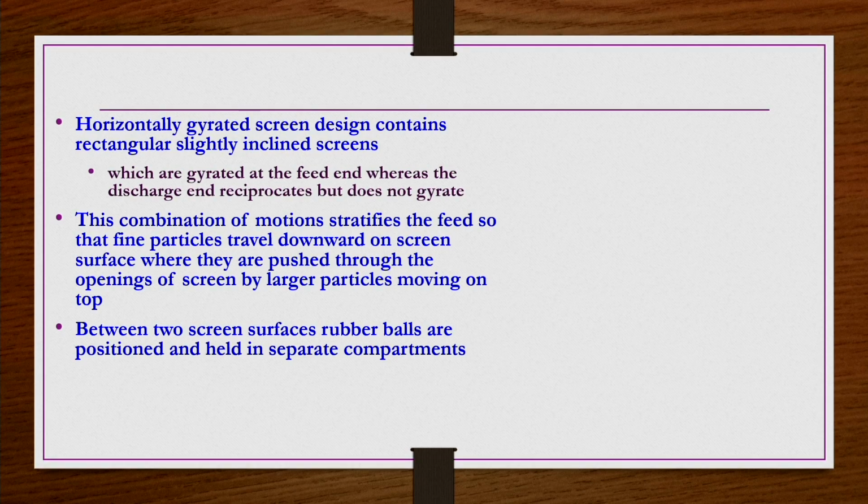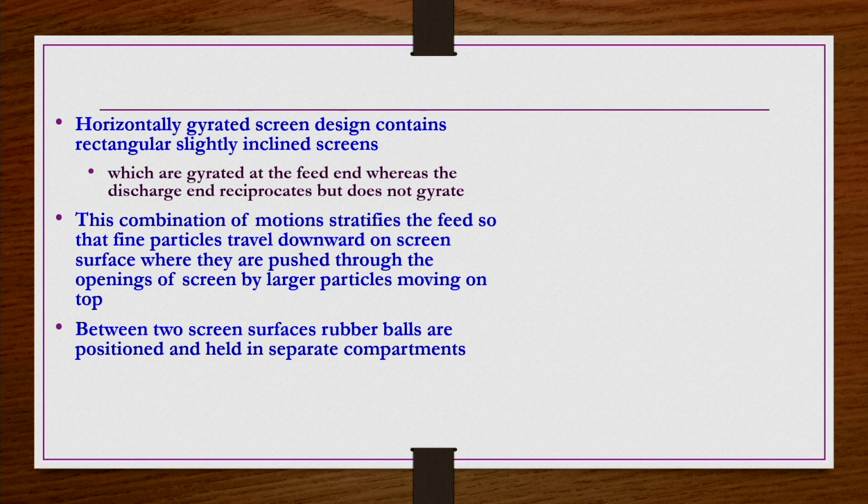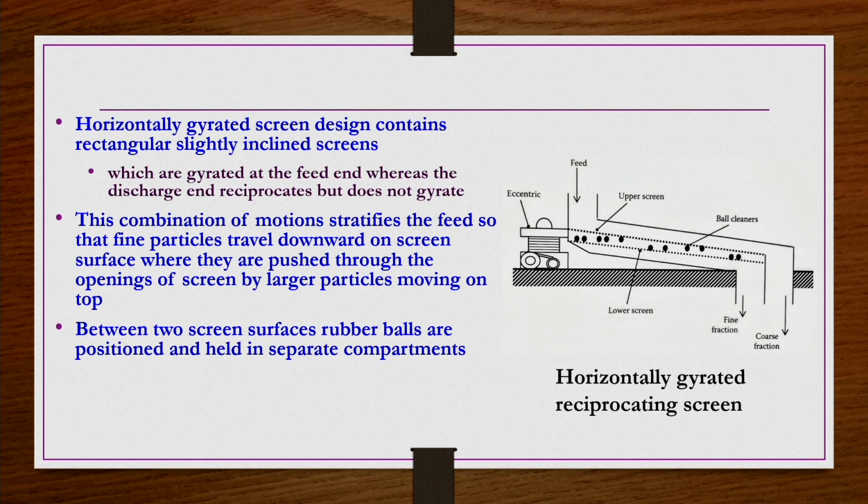And then we have a number of screens. Between the screens rubber balls are also provided and held in a separate compartment, so as to avoid any possible clogging. Here at this end a gyrating motion takes place, and at this end a reciprocation motion takes place.